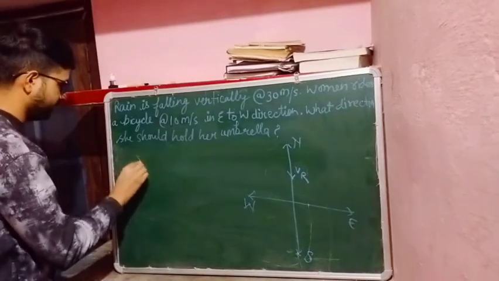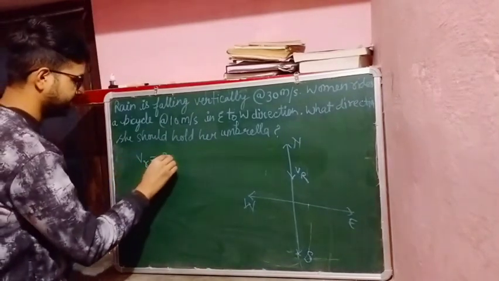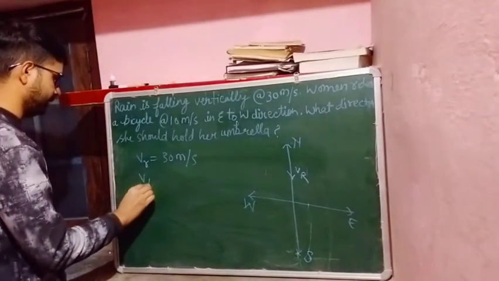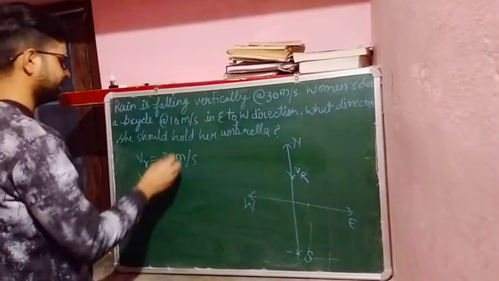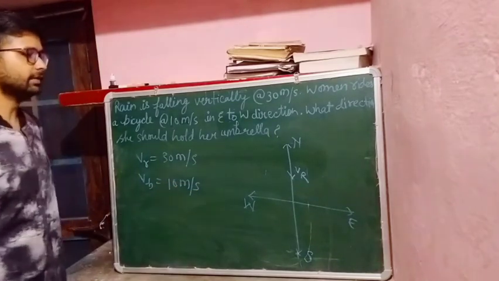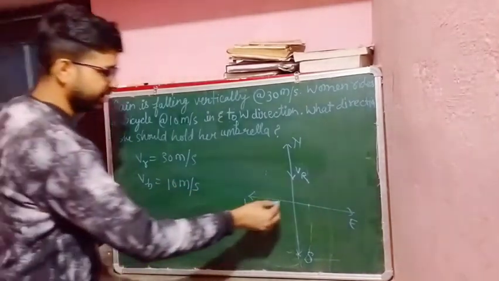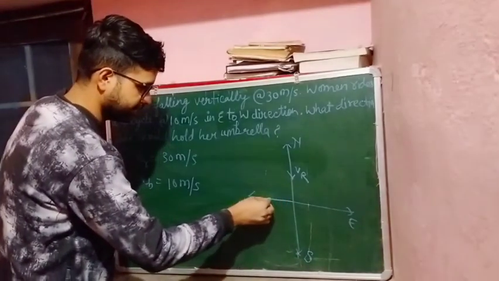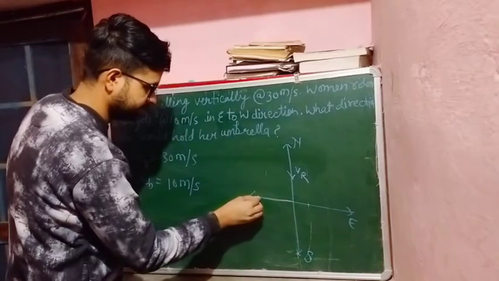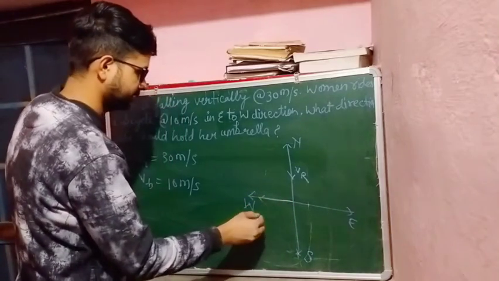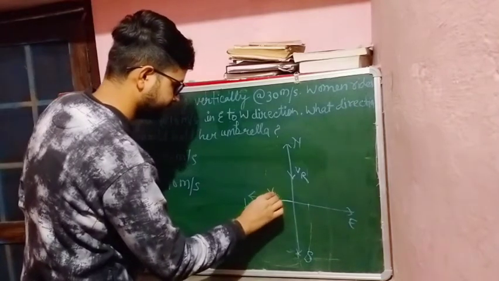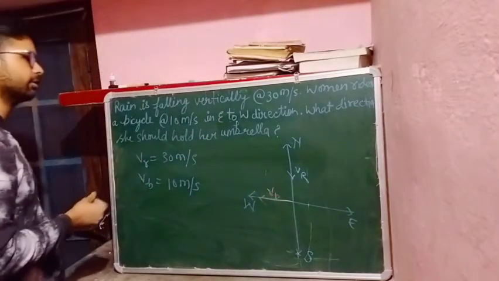Let us write: velocity of rain is 30 meter per second, and velocity of the bicycle that the woman is riding is 10 meter per second from east to west direction. The direction is east to west, which is like this one.